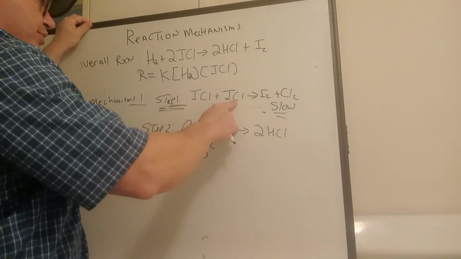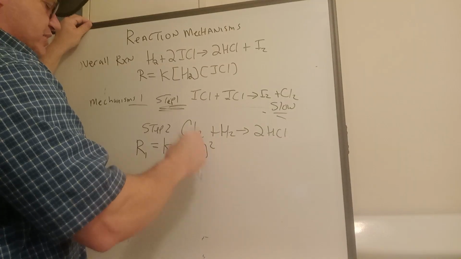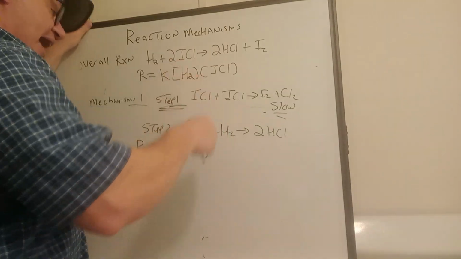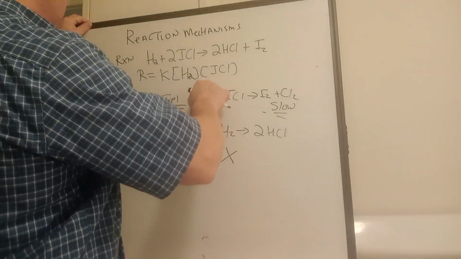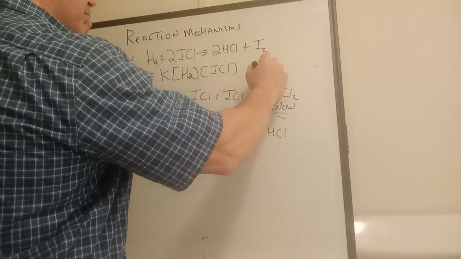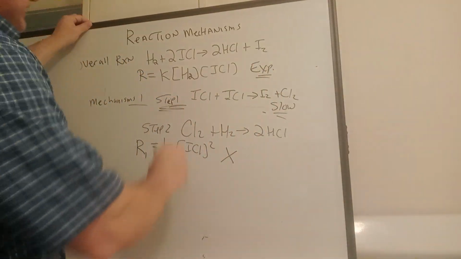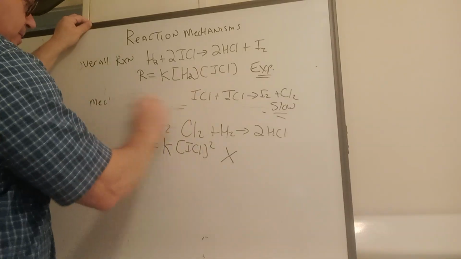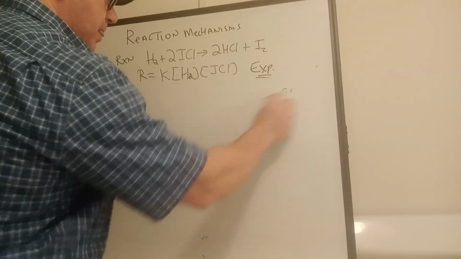You can take the order here, which is second, from the coefficient, which is a 2, and you can do that because it's an elementary step. It's showing what's actually going on at a molecular level. So this does not work. It does not match the experimental form of the rate law. So that mechanism does not look good. Good to try, but not too good.